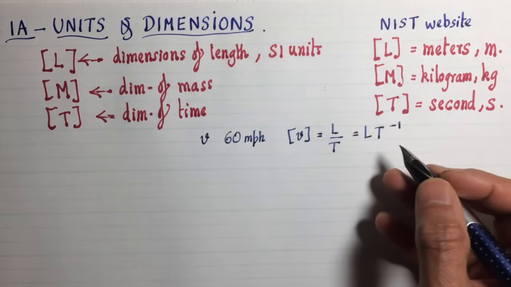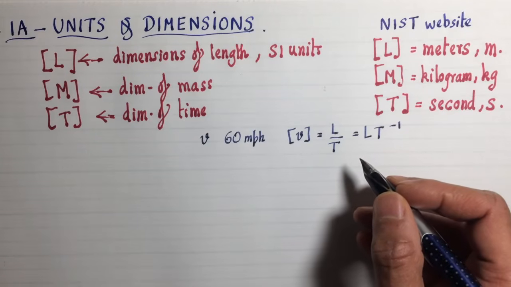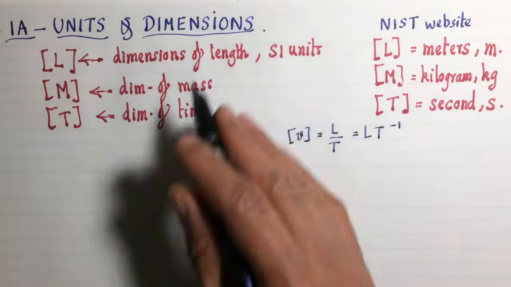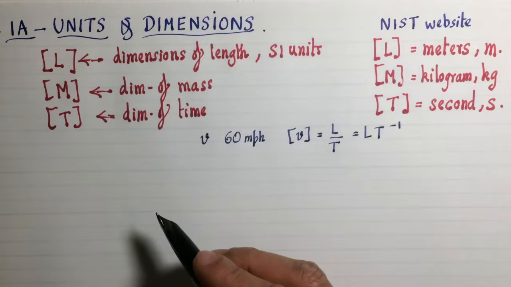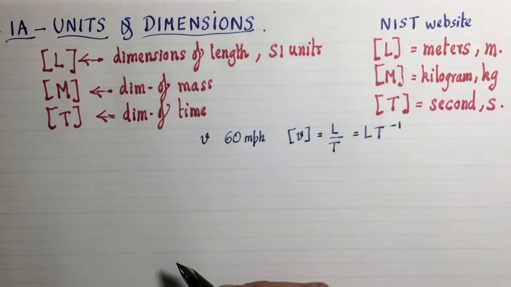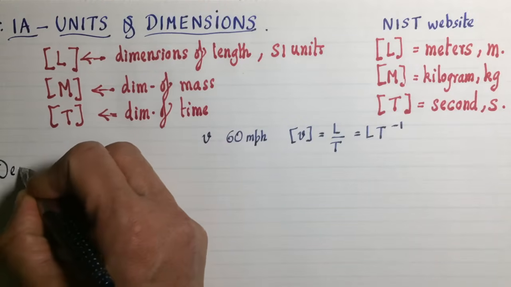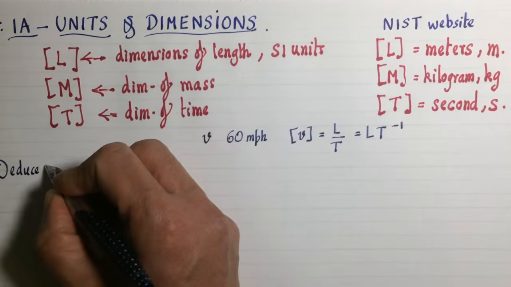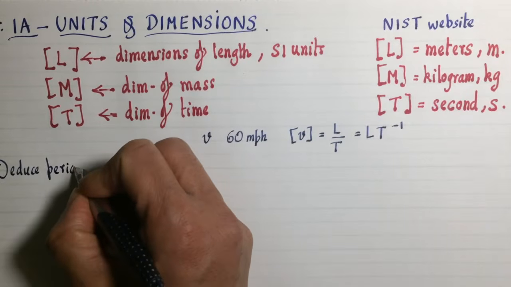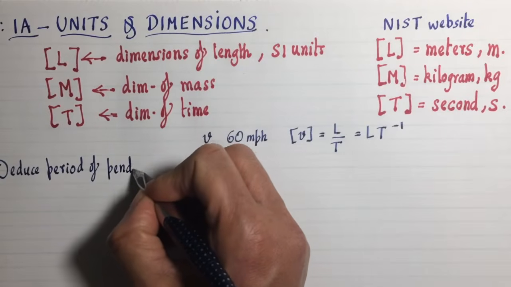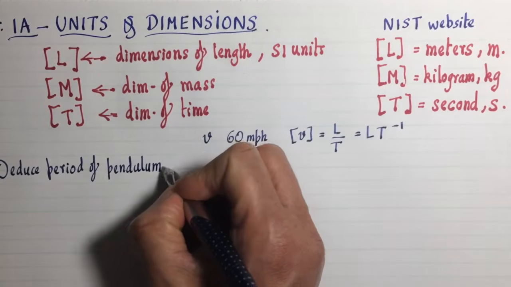Suppose we don't know a formula. One of the great advantages of this method of dimensional analysis, or looking at dimensions of certain quantities, is guessing the nature of a formula. So let's say you want to deduce the period of a pendulum. Now everybody knows what a pendulum is.